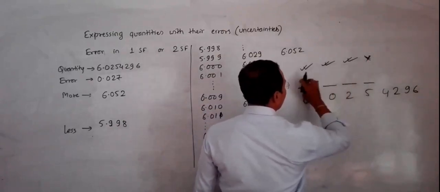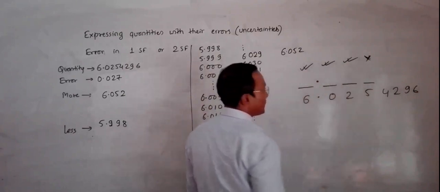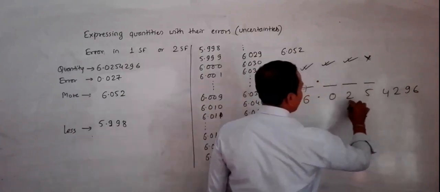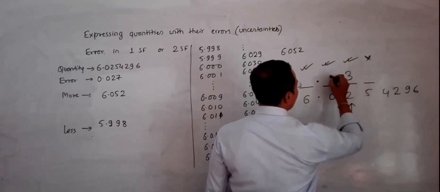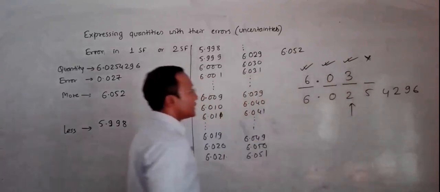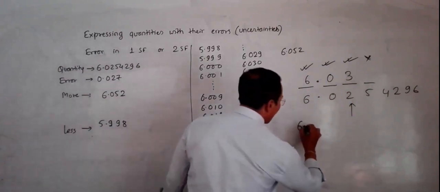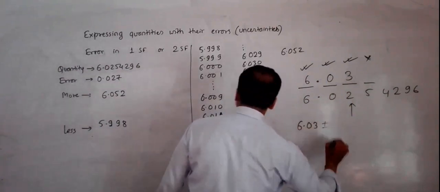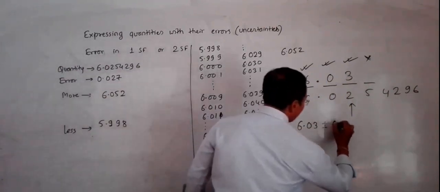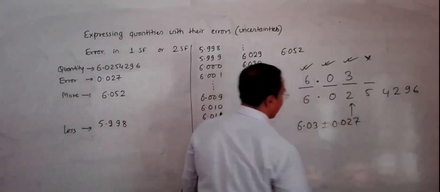I can write only 6 point something. So it should come to 3. This will be 6.03. So the quantity now will be 6.03 plus minus 0.027.